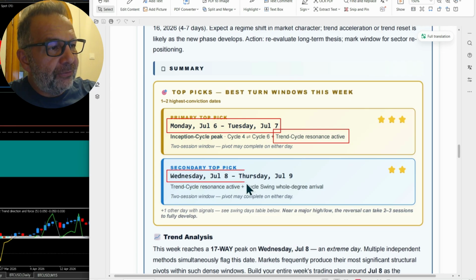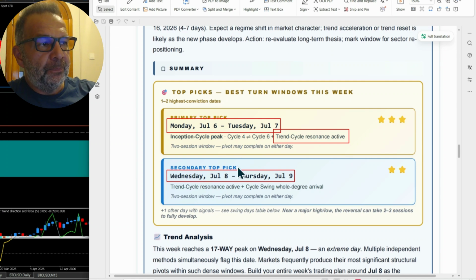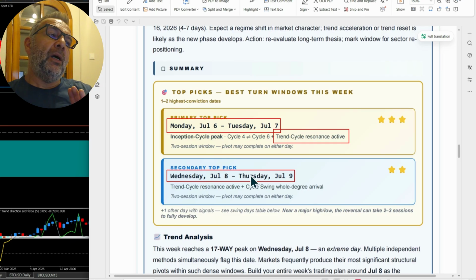Now when you have 2 sets of dates, Monday and Tuesday, Wednesday and Thursday, this could be a retracement or a push up, and this will be a U-turn. So if the market keeps going up, we're going into probably Wednesday, and then Wednesday, Thursday, we could come back to a U-turn again, or we're going to pull back to go up.